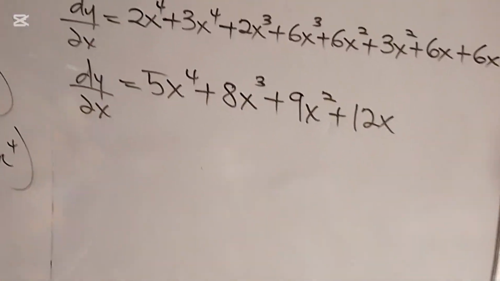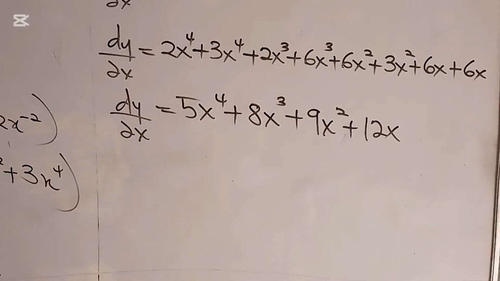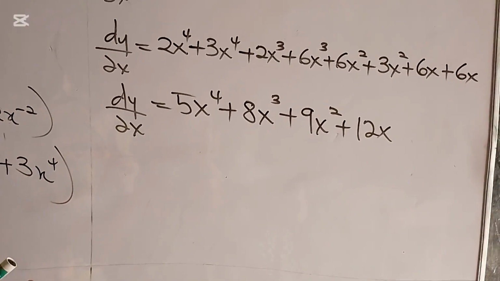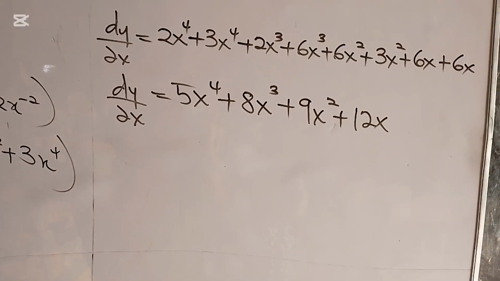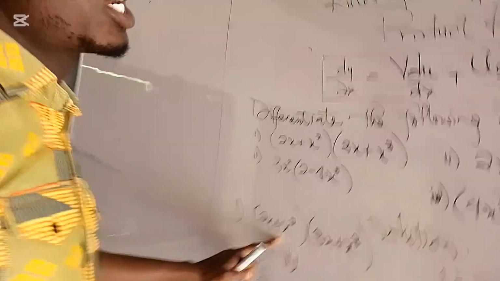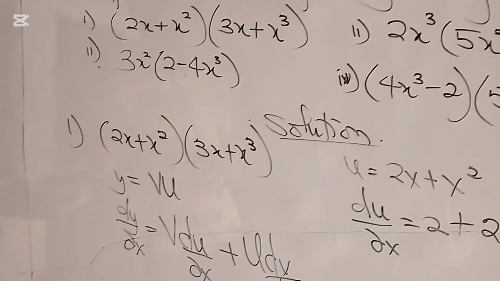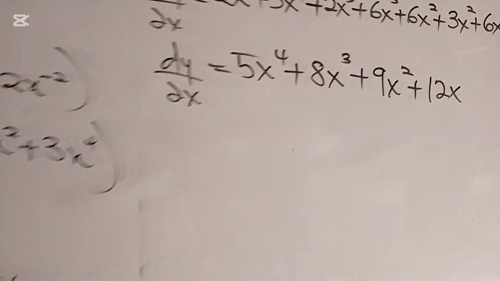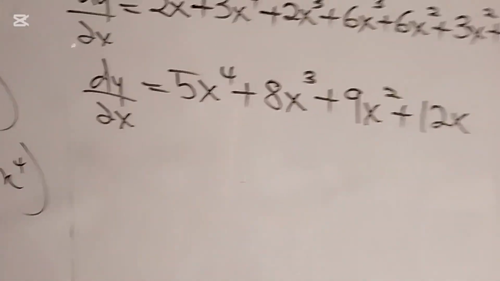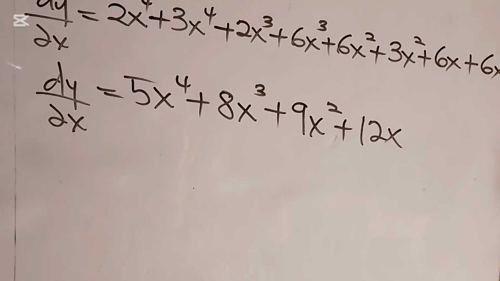So this is the solution for the question. When you differentiate this using the product rule, you get 5x to the fourth power plus 8x to the third power plus 9x to the second power plus 12x. So let's take the second question.